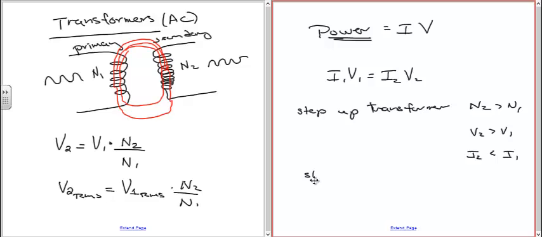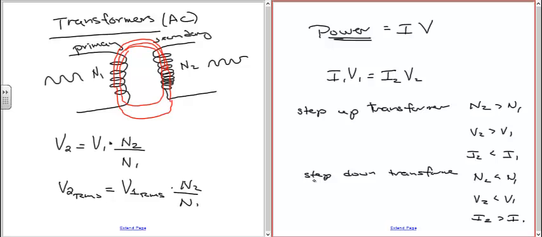If you have a step-down transformer, what happens there is N2 is going to be less than N1. That means V2 is going to be less than V1, and therefore I2 is going to be greater than I1. So this is the case of the transformer that's going from the wall to your computer.